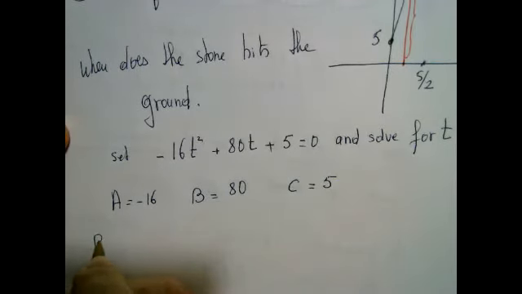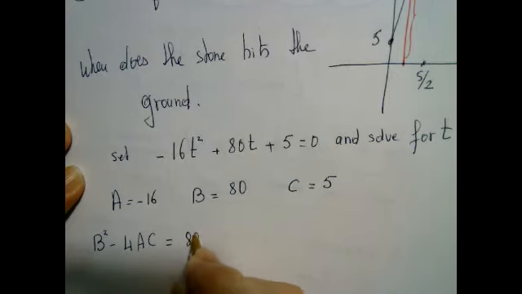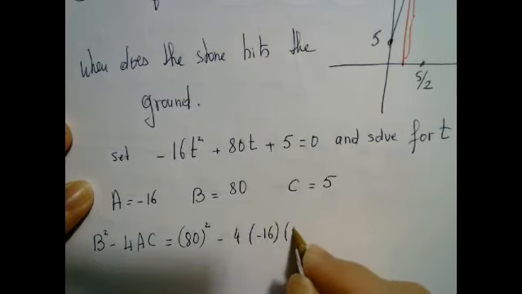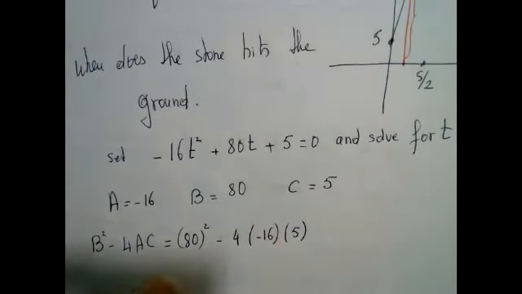So B squared minus 4AC equals 80 squared minus 4 times minus 16 times 5. Let us compute this.